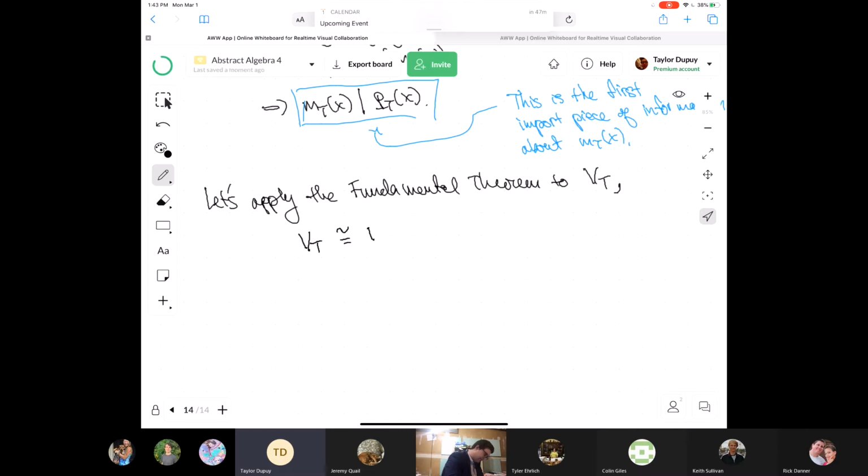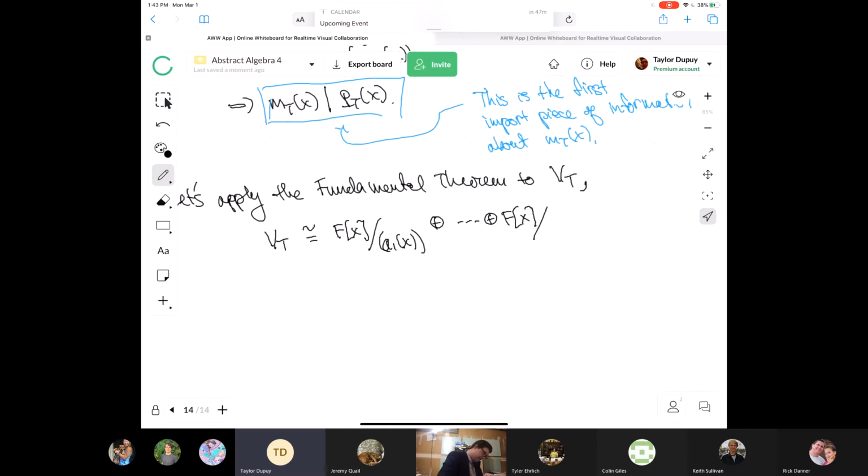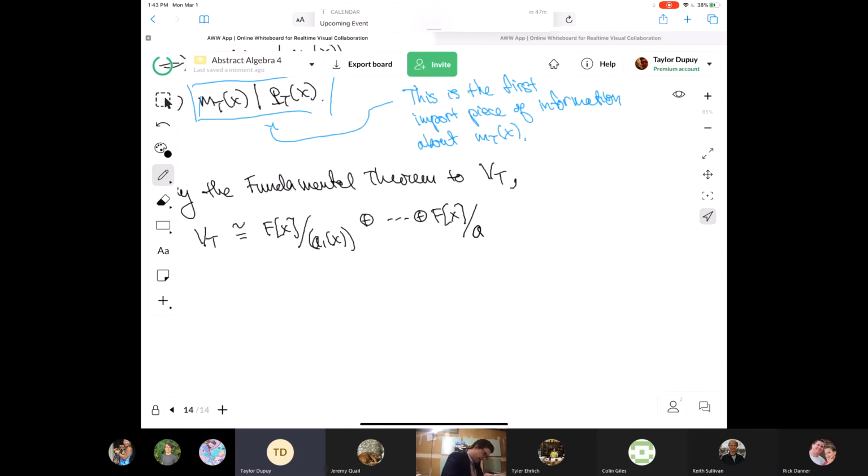So this thing looks like F[x]/(a_1(x)) direct sum up to F[x]/(a_m(x)). I did use m before, but is it okay if I use m twice?